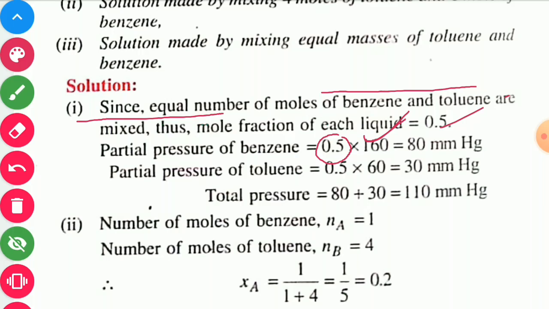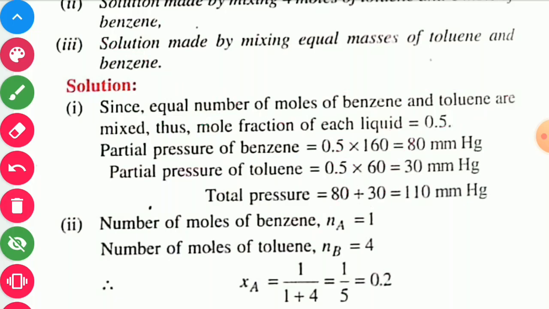Here P naught toluene is 60 mmHg and the mole fraction is 0.5, therefore it will be 30 mmHg. Finally, we have to find the total vapor pressure. The total vapor pressure is equal to the partial pressure of benzene plus the partial pressure of toluene, so 80 mmHg plus 30 mmHg, which equals 110 mmHg.